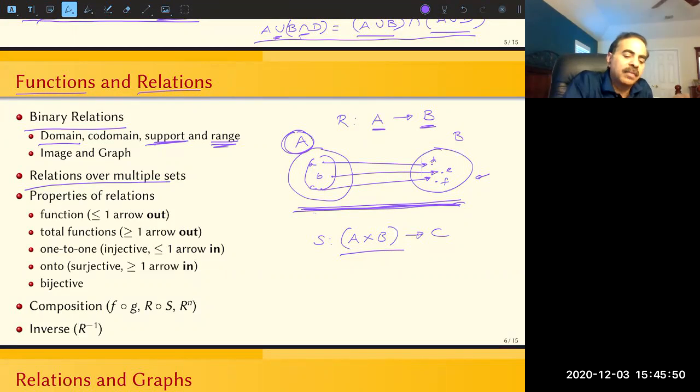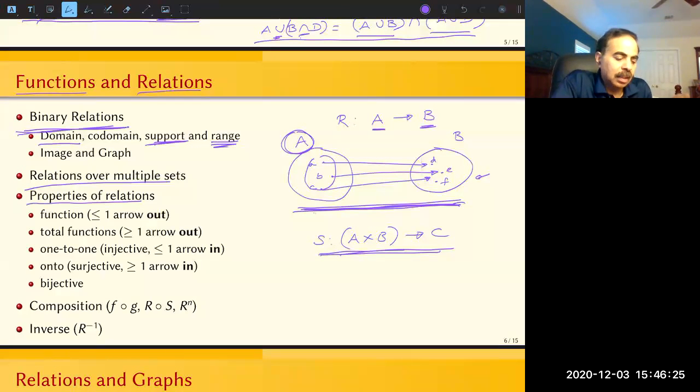So this is why we don't specifically think about ternary relations or quaternary relations or relations over many sets, because we can think of them as binary relations on Cartesian products of other sets. So as a result, we always focus on binary relations.